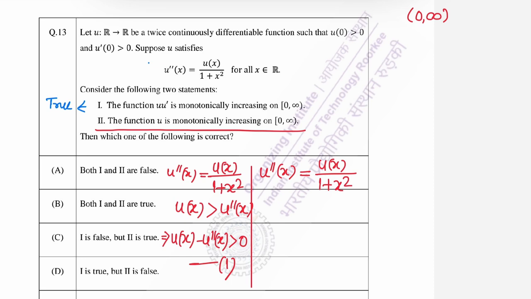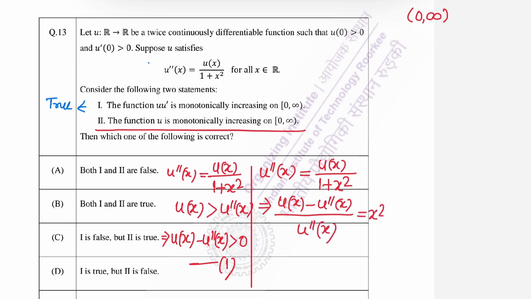Now on the second side, okay, now I rewrite the same thing. You should notice (u(x) minus u double dash x) by u double dash x will be x square.